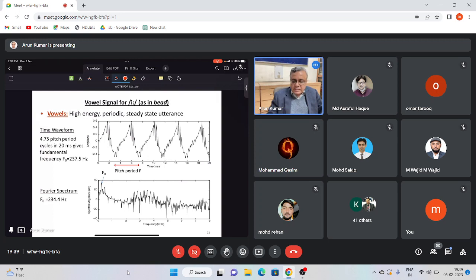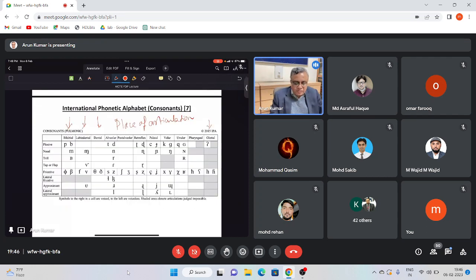This is the E sound as in the word bead. We have seen that vowels have high energy. They are relatively periodic and they are steady-state utterances, in the sense that you can articulate a vowel sound as long as you have the breath to utter it. Here is the example waveform, and we see that this approximately periodic signal has an associated pitch period.